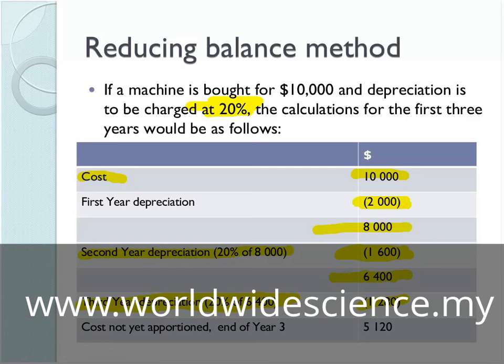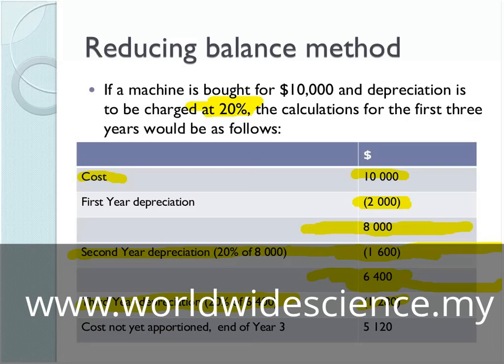We have a balance of 8,000, right? And this 8,000 will be moved to the next year, year number 2. From the 8,000 we will deduct another 20% depreciation, which is 1,600, right? Then we get the balance of 6,400 for the start of year number 3, right? This amount will be shown in the statements.